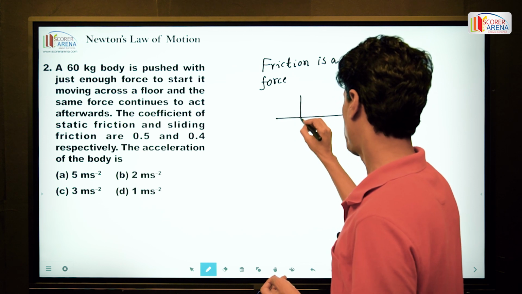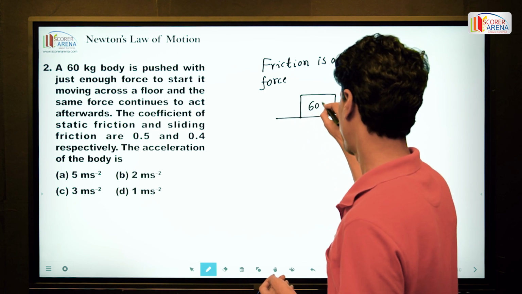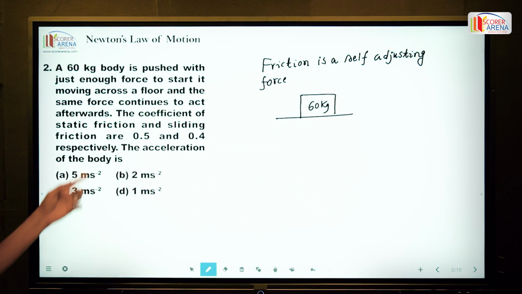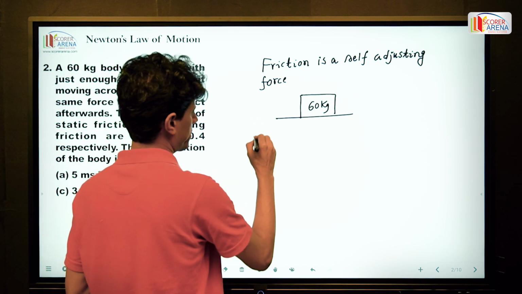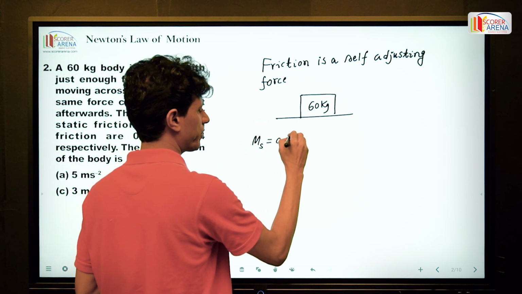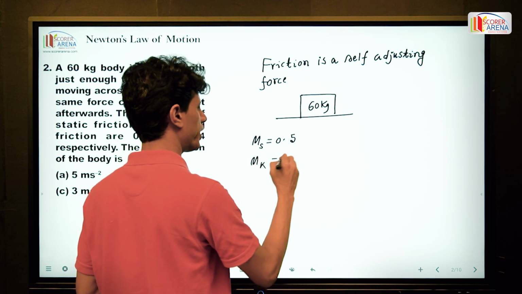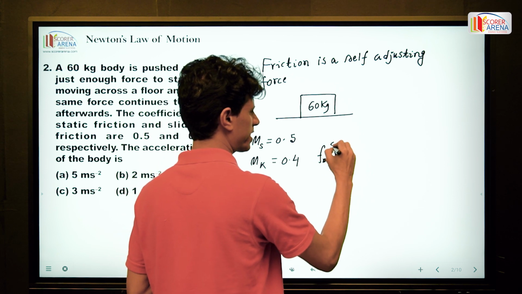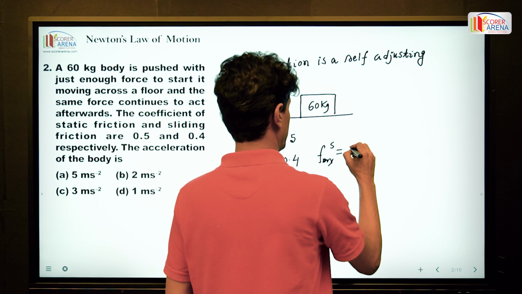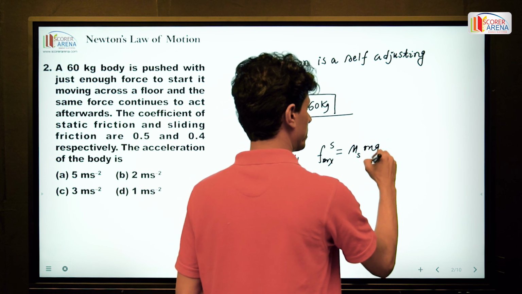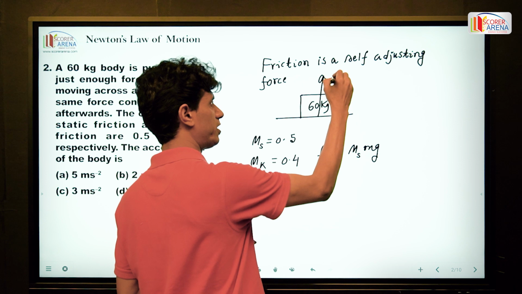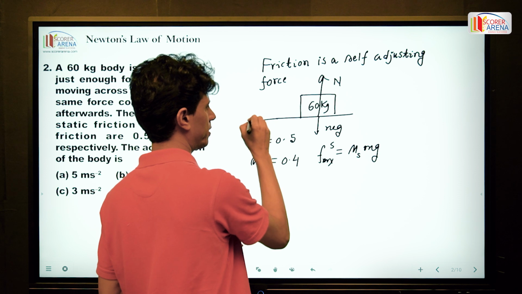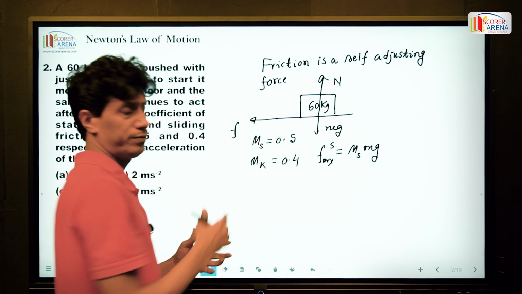Let us say a body of 60 kg is placed here, and for static friction, mu s is equal to 0.5 and mu k given here is 0.4. So maximum static friction is mu s mg, this is the normal reaction, this is mg, and static friction acts along this direction.